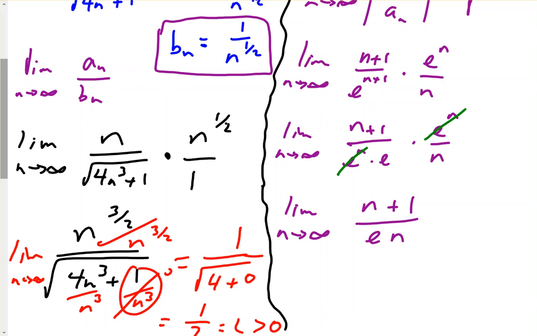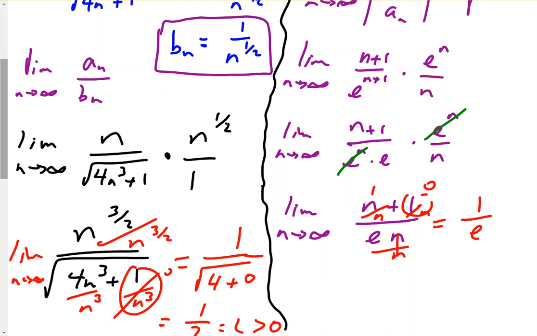Okay, and then what I could do here, so next we can divide everything by n. Okay, so we're left with 1. This will go to 1. This will go to 0. The n's will cancel here and give us e. So 1 plus 0 is 1, and then over e. So 1 over e.